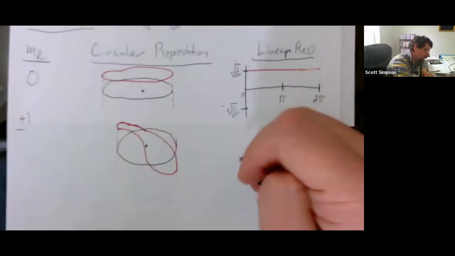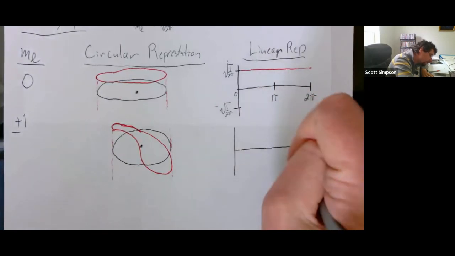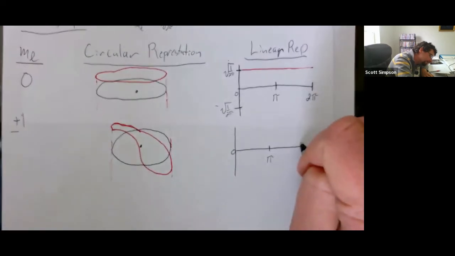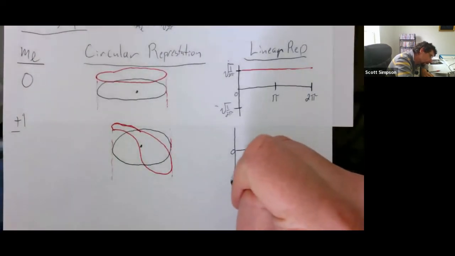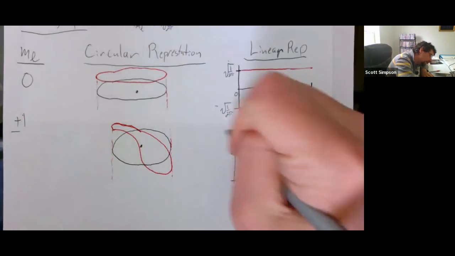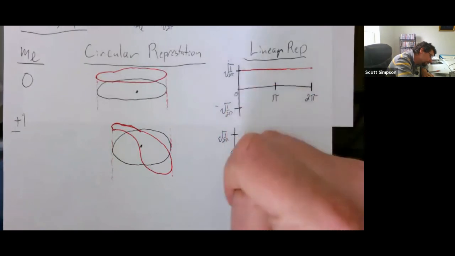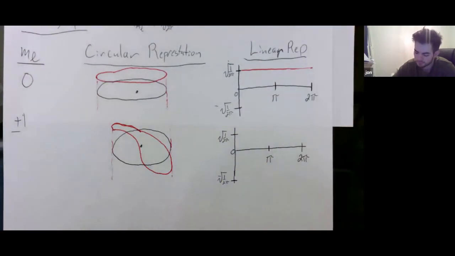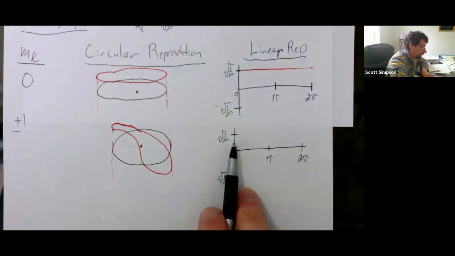So let's plot this in a linear representation. 0, pi, 2 pi, and we have our max or min, and we have our max value. What's this one going to look like?